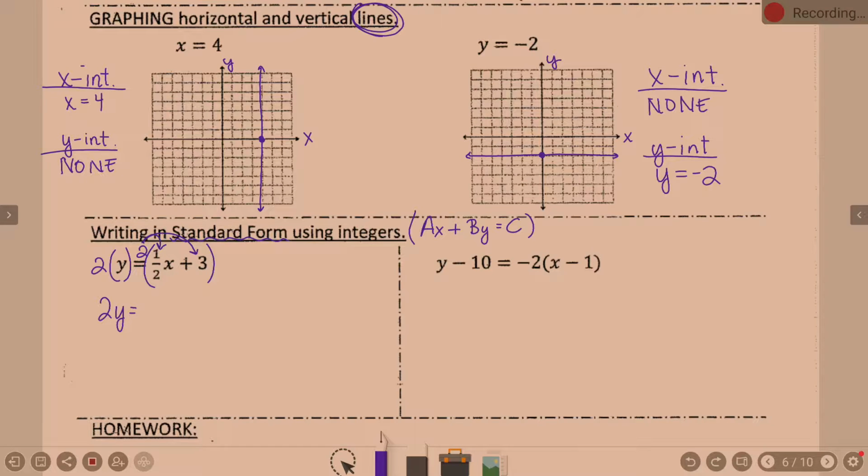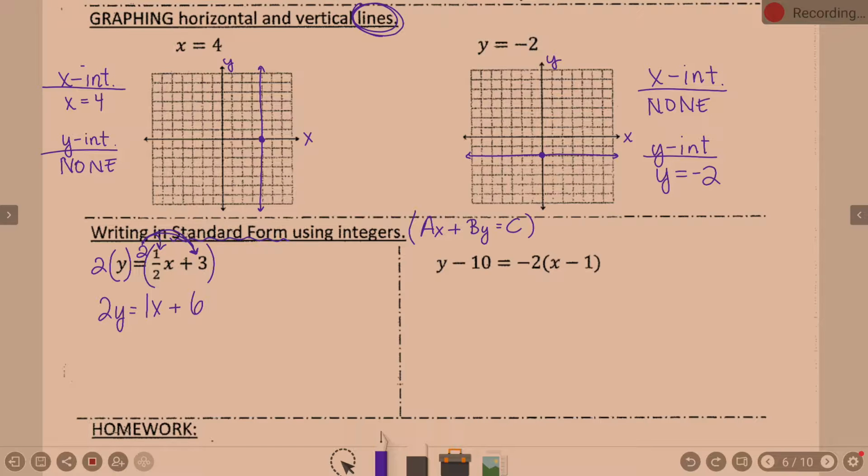When we do 2 times 1/2, what is half of 2? 1. So this is going to be 1x, and then 2 times 3 is plus 6. Okay, got my fractions gone. Now I just need x and y on the same side.